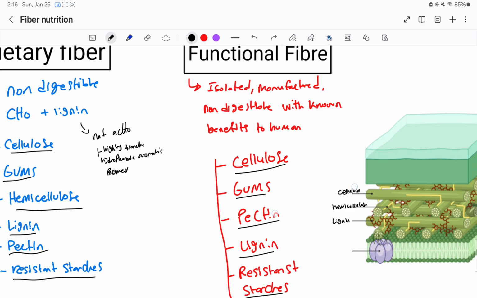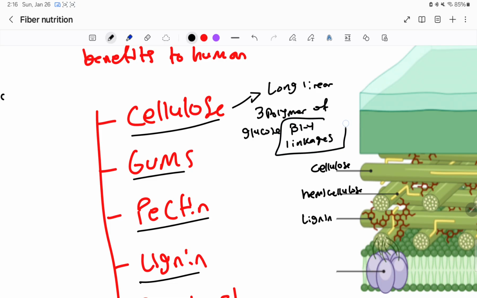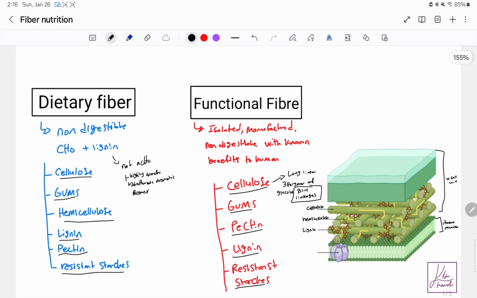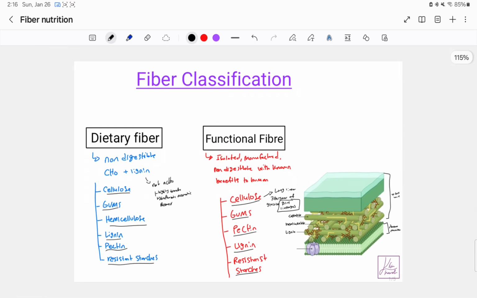Now, with cellulose, we had a brief discussion about cellulose in carbohydrate digestion, but cellulose is a long, linear polymer of glucose, and they're attached with beta 1,4 linkages. If you need a refresher on what beta 1,4 linkages look like, go back and review that video. We discussed it. So that's one way of classifying fibers.